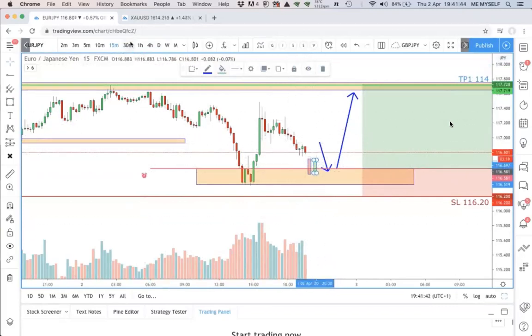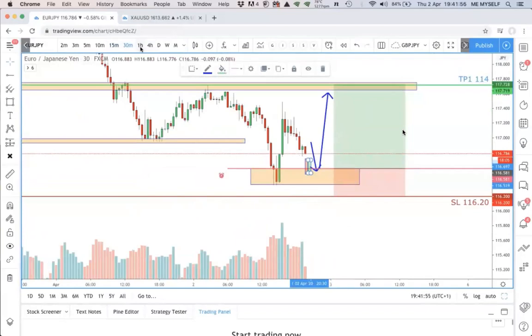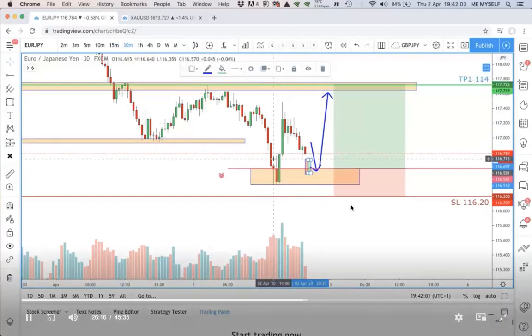Preferably at least a 30-minute or 1 hour time frame for price to get down into the zone, wait for that rejection candle to form, and then you jump in. In this case, the 30-minute candle closed on the upside and you could have jumped in there.